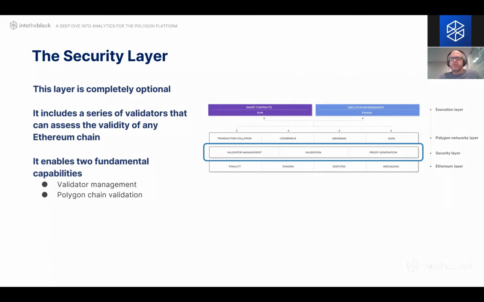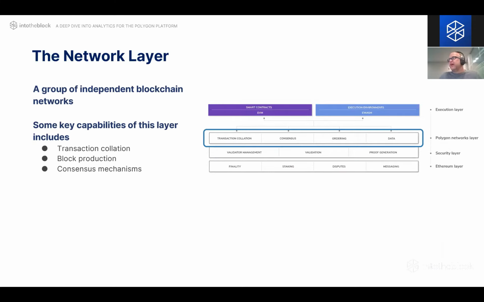So the 2 main capabilities of this layer are obviously the validation network and the ability of managing that group of validators, and the chain formal verification.